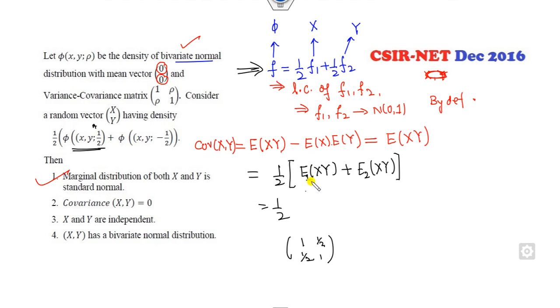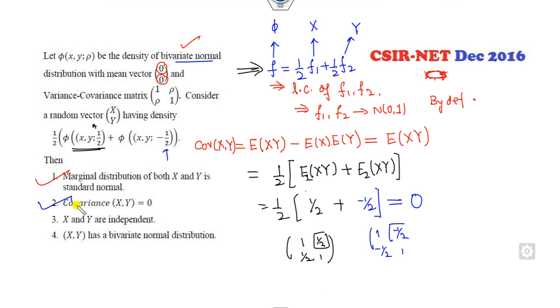And what is the covariance of this? The expected value of the covariance of this is half. Similarly for this case, it is minus half. So again this is a covariance of half minus half, which is 0.